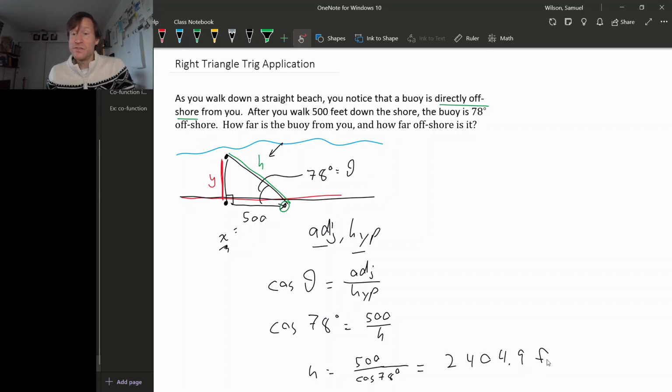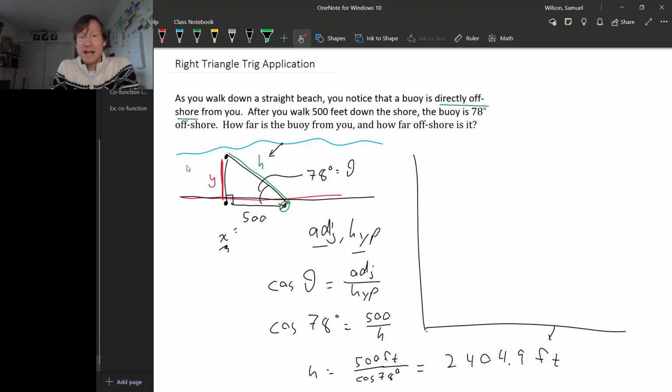And this is going to be in feet, right? This 500 up here was in feet, and the number that comes out of trig functions doesn't have any units. So cosine of 78 degrees is a pure number. So we get feet divided by just a number, which gives us feet for our resulting unit. So after we've moved this 500 feet downshore, we're 2,400 feet away from the buoy.